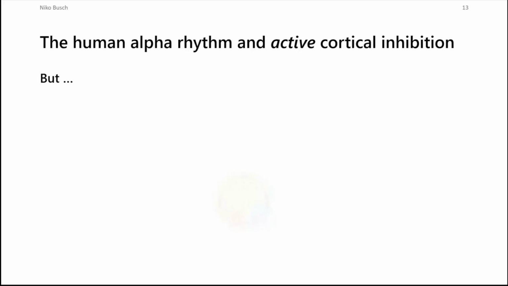So in recent years, I would say that there has been an accumulation of findings that may indicate that maybe the story is not quite so simple. Alpha is this filter that filters out distracting stuff. For example, in many studies, it turns out that the strength of the alpha rhythm, or the strength of lateralization, is not really correlated with perceptual performance, with behavioral performance.